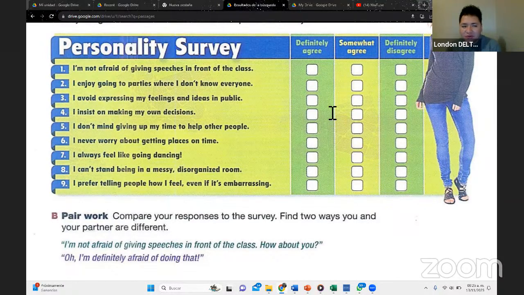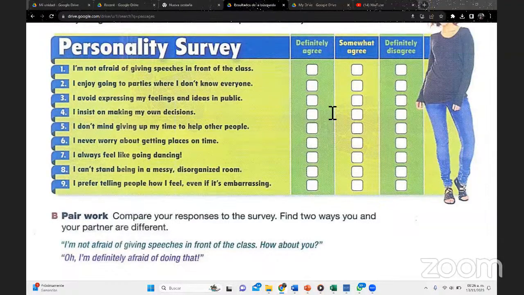Okay, number 2 says, I enjoy going to parties where I don't know everyone. I will have to say here that I definitely disagree. Do you enjoy going to parties even if you don't know anyone? No, definitely disagree.